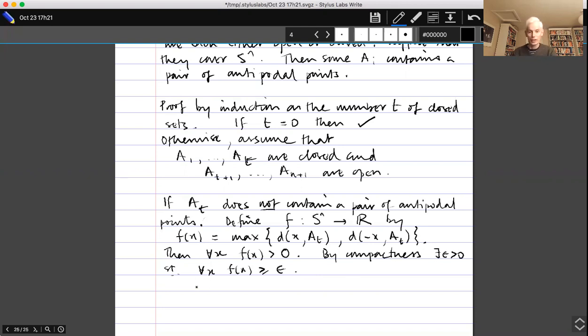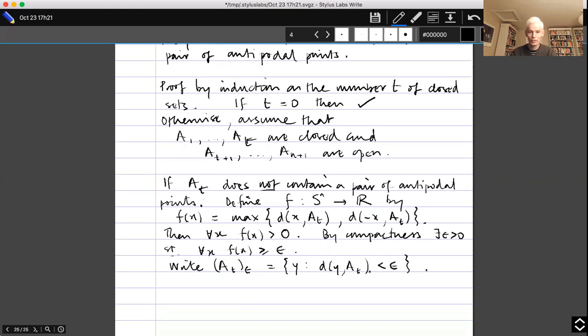So that implies, so let's write AT epsilon for what I think of as the epsilon expansion of A. So that's the set of all y such that the distance from y to AT is less than epsilon. I would definitely want it to be a less than, because I'd like this set to be open, which it is because it's the inverse image of an open set under a continuous function.